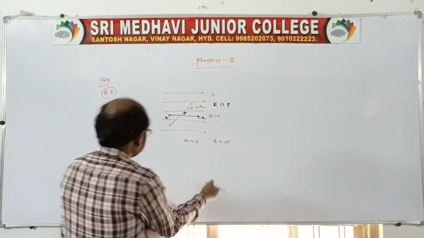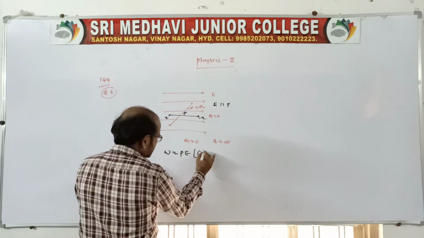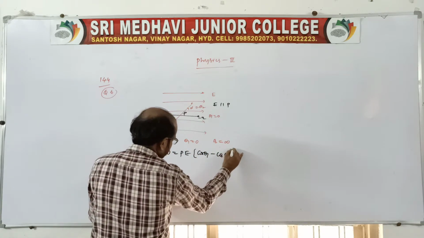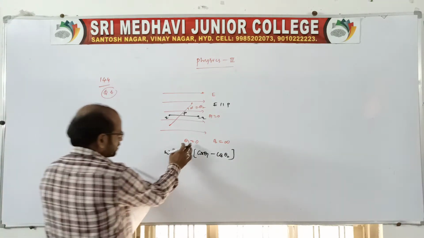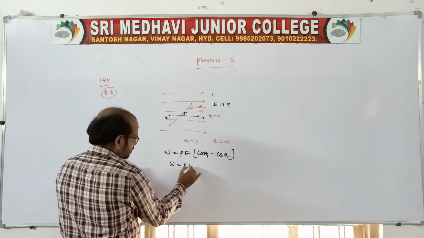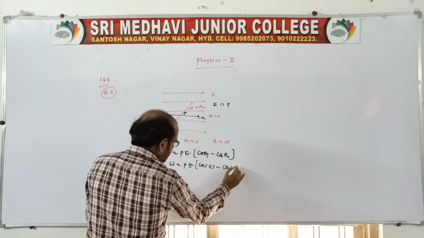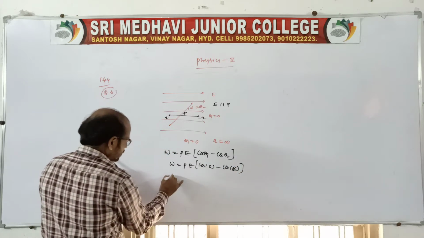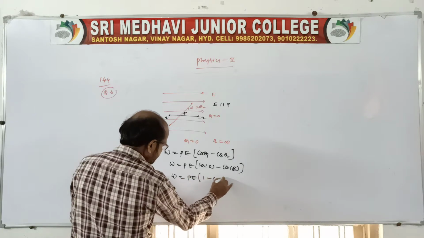Of course we know the work done is equal to PE into cos theta 1 minus cos theta 2, the formula related to this question. Therefore work done is equal to PE into cos 0 minus cos alpha, which is PE into 1 minus cos alpha.